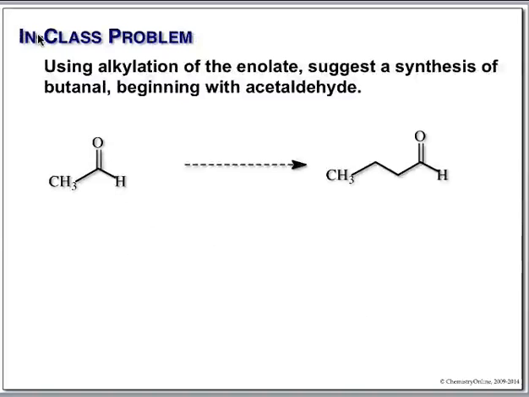All right, ask yourself the magic question. What have we done here? What type of molecule is it? Well, it's still an aldehyde. We just stuck a couple extra carbons on. Where did we stick them on? We added them to the alpha carbon. So these carbons are from acetaldehyde, aren't they? And these two carbons we've added.